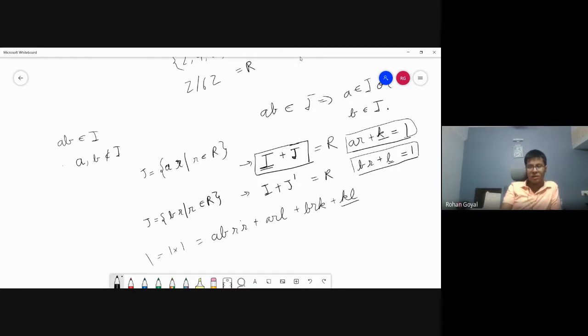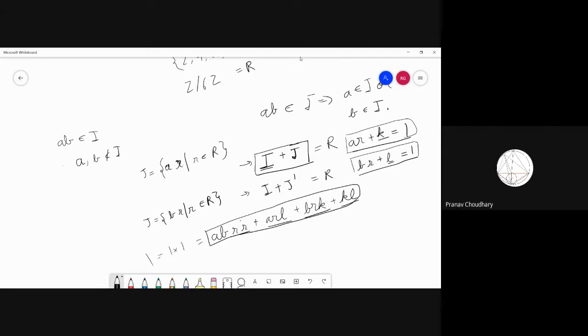This is in the ideal I because K is in the ideal I. L is in the ideal I, so ARL is also in the ideal I. AB is in the ideal I, so is ABRS in the ideal. So their sum is also in the ideal. Are K and L in the ideal I?